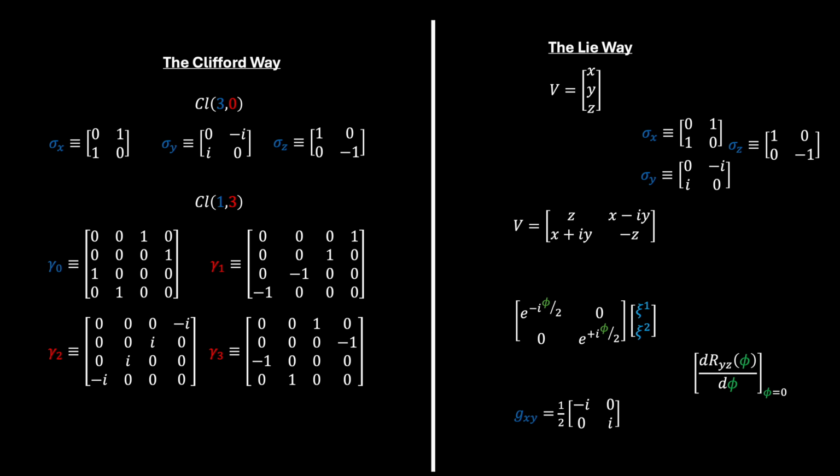The Clifford way entailed identifying symbols or objects that squared to positive or negative 1 and then packaging this in an algebra. This is instructive because we found that Dirac matrices obeyed a different algebra than the Pauli matrices, therefore telling us that Dirac fermions obey a fundamentally different algebra than the Pauli ones.